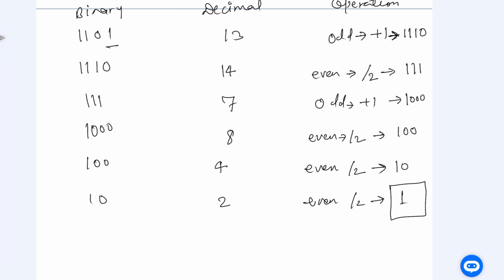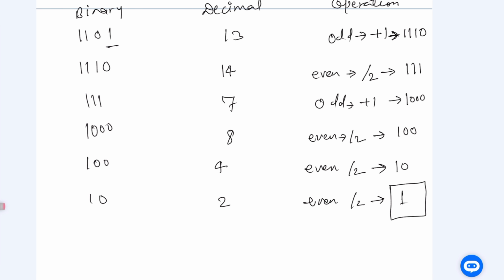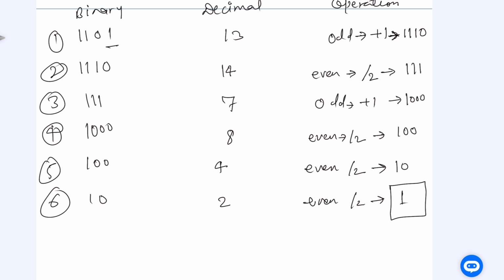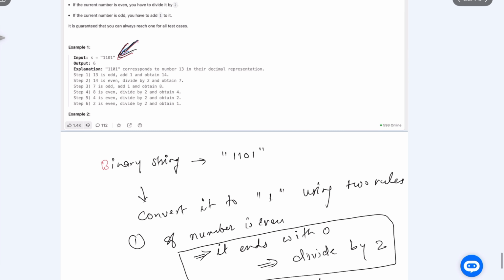If we count how many steps we took, 1, 2, 3, 4, 5, 6, in total 6, and that is why our answer should be 6 steps. Let's check.